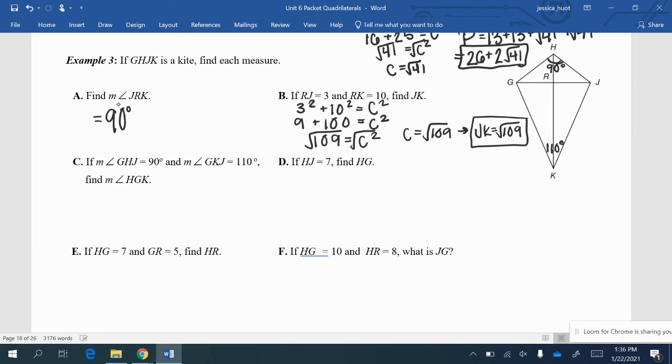Find HGK, so I'm finding this angle right here. So again, these are our two congruent angles. G and J are our two congruent angles. So let's take 360, because we're working with a quadrilateral, and subtract the two angles that we know. That would give us 160. Then I can take the 160 and divide it by 2 to get 80 degrees. That means this angle is 80 degrees and this angle right here is 80 degrees.